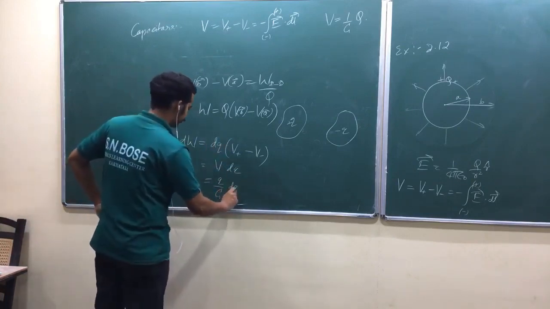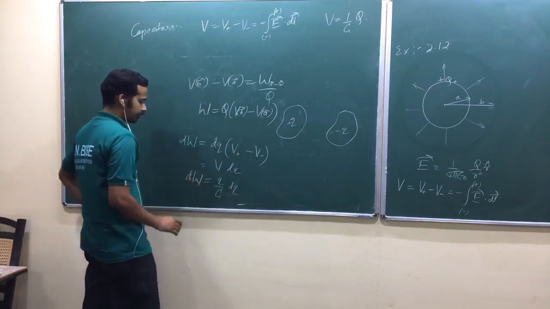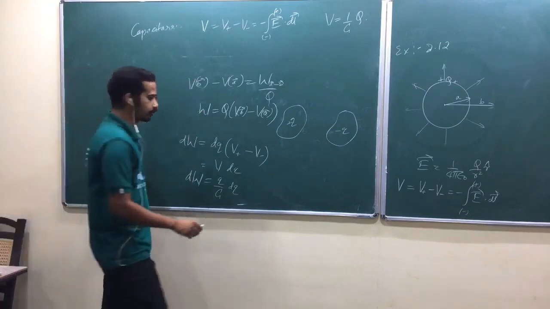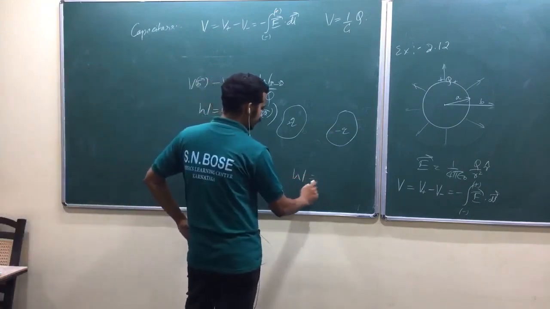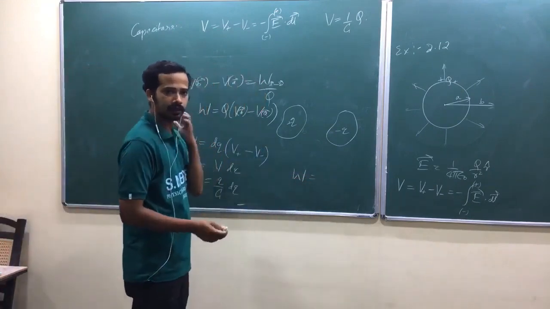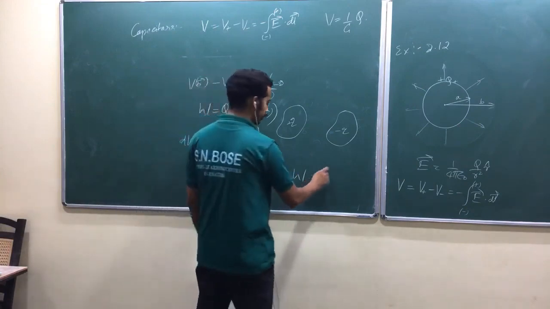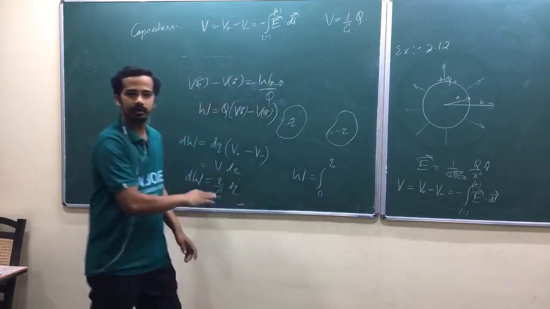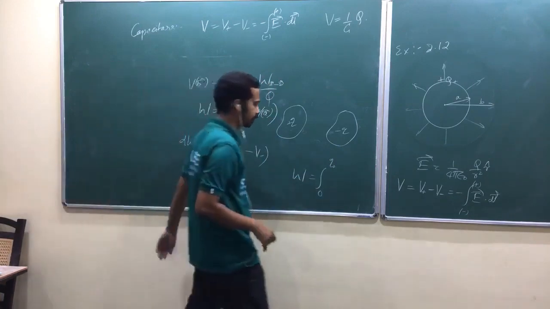Okay, dW. Now when you integrate this one, what would you get? Total work done, in transferring all the charges. Is that okay? You can integrate from 0 to Q naught. Let me say Q naught is the final charge after transferring all of them.